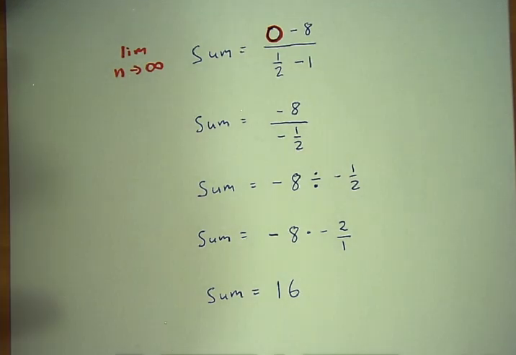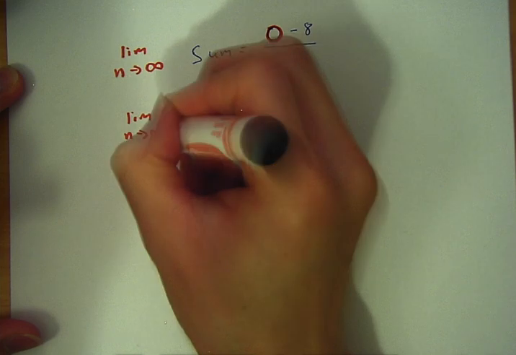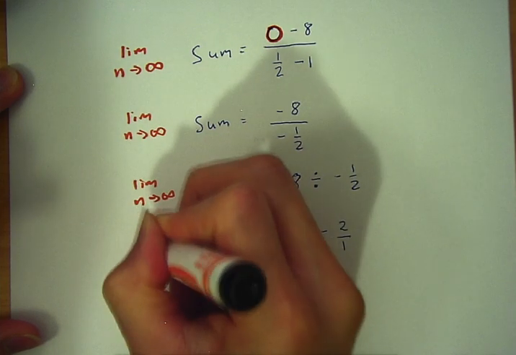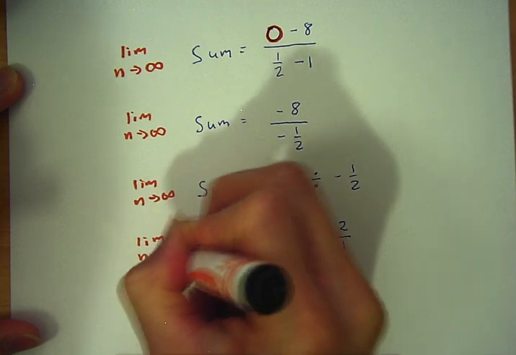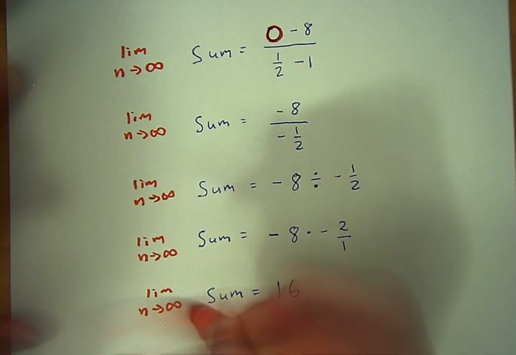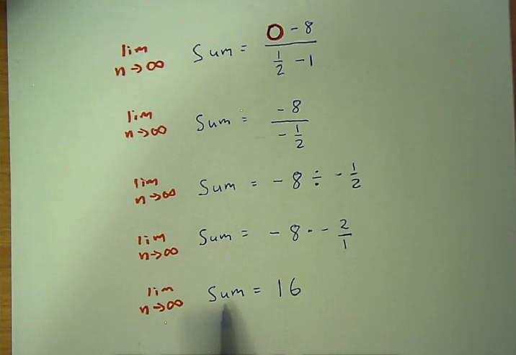So the limit as n goes towards infinity, the sum of that series will go towards 16.